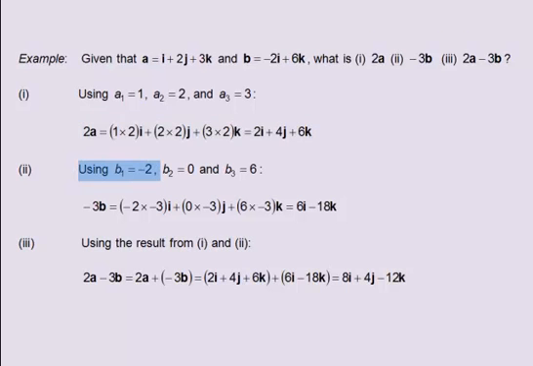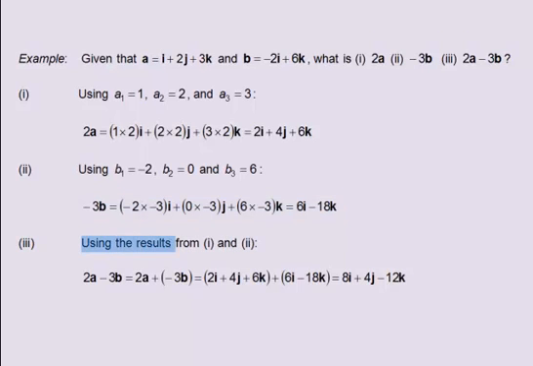Using b1 equals minus 2, b2 equals 0, and b3 equals 6, minus 3b equals minus 2 multiplied by minus 3, i, plus 0 multiplied by minus 3, j, plus 6 multiplied by minus 3, k, which equals 6i minus 18k.